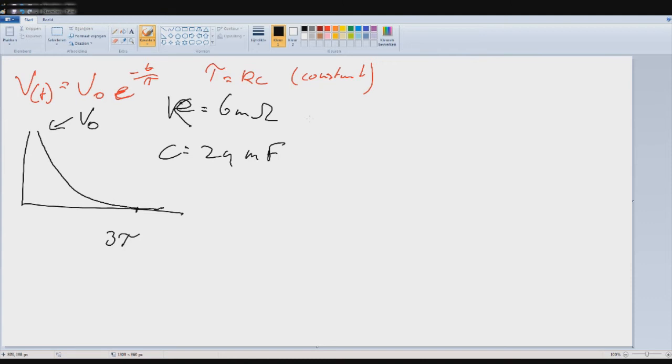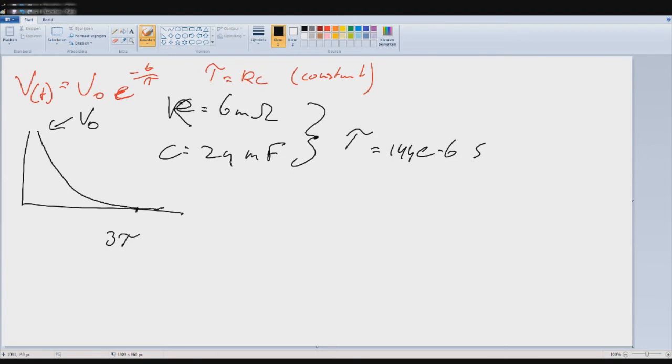Let's see what that will give us. This is 144 E minus 6 seconds, I think. Should be right. Yeah, I think it's right.